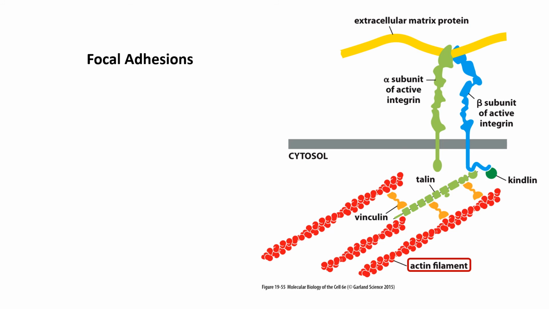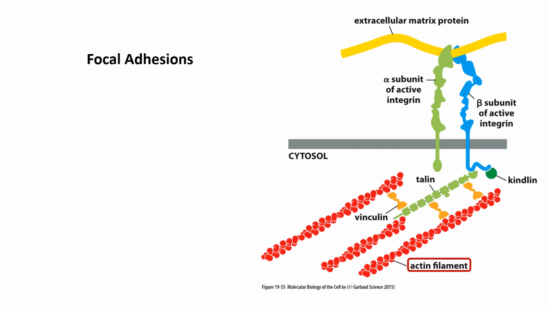The same alpha-beta heterodimeric integrins can be used to link extracellular matrix proteins to actin filaments as link integrin subunits to intermediate filament proteins. It's just that different adapter proteins are going to be used.